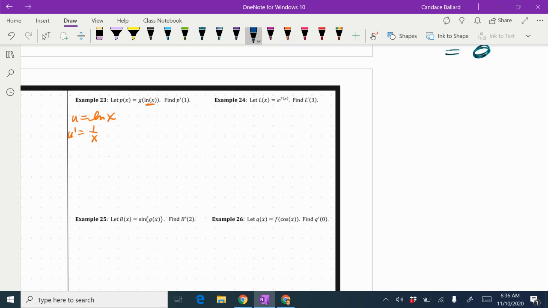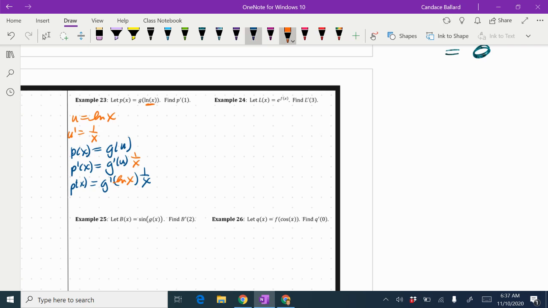So my new p of x function equals g of u. So I'm going to take the derivative of that. I do the derivative of the outside function times the derivative of the inside function. And then I'm going to substitute in my u, which is natural log of x.